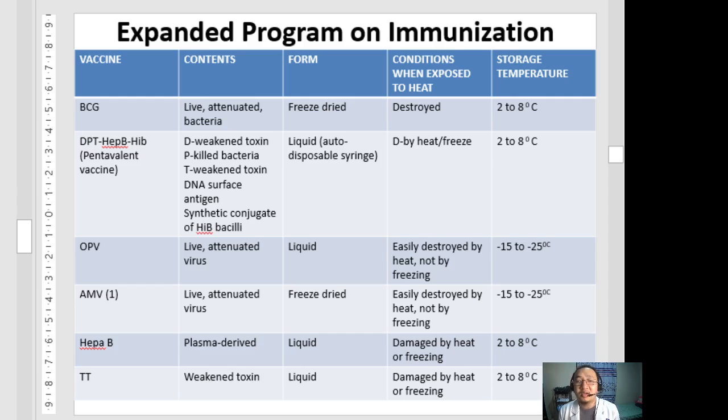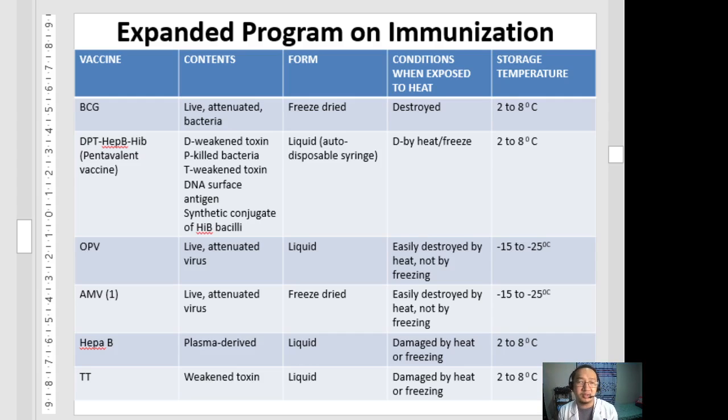Then OPV, your oral polio vaccine, is a live attenuated virus, liquid form, of course, and easily destroyed by heat but not by freezing. It should be stored at negative 15 to negative 25 degrees Celsius. Your AMV, or your anti-measles vaccine, is a live attenuated virus, freeze dried also, just like BCG, powder form, needs to be reconstituted in a solvent.